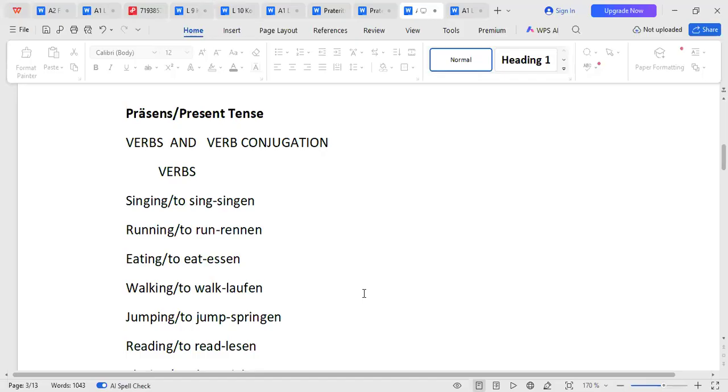So like English, German also has verbs. From my list, I really hope you can see my screen. We have singing, or to sing. In German, it is singen.